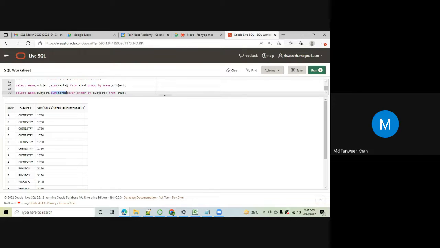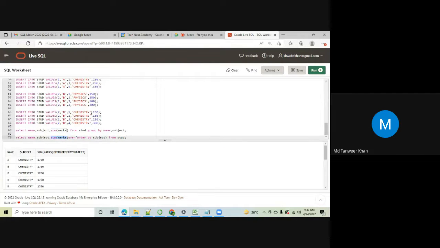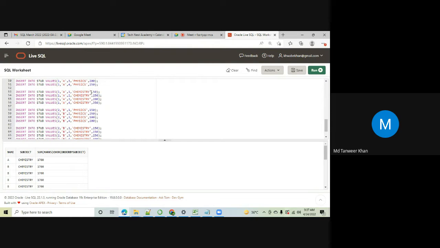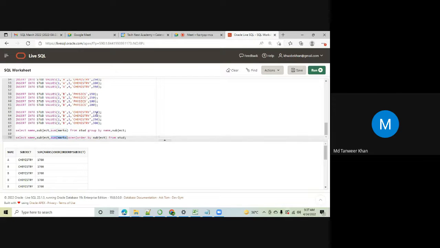The total marks of chemistry is how much? It will add: 50 plus 250, 300, 300 plus 200, 500, 500 plus 350, 850, 850 plus 150, 1000, then 1150, then 1400, and then 1700. So chemistry marks total 1700, right?